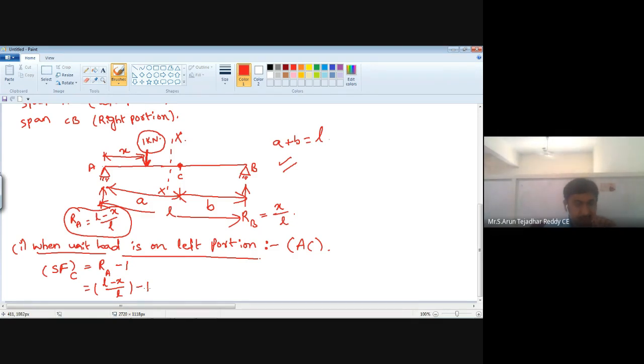The LCM is L, so (L minus X minus 1 into L) by L. L cancels. Finally, shear force at C is minus X by L.